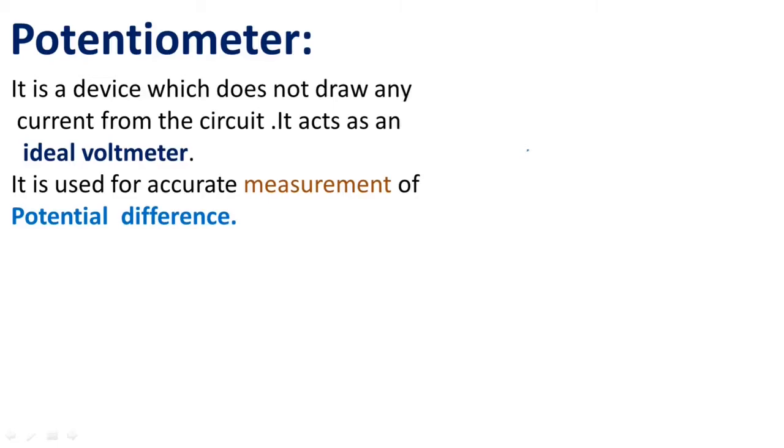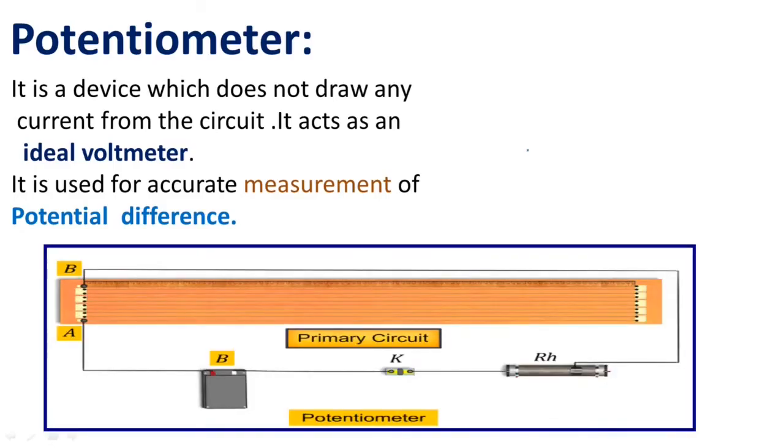Now we are going to see about a new instrument which is used for measuring potential difference accurately. Here is the picture of potentiometer. Practically, voltmeter is a device used for measuring potential difference between 2 points in a circuit. But it cannot be designed to have an infinite resistance.